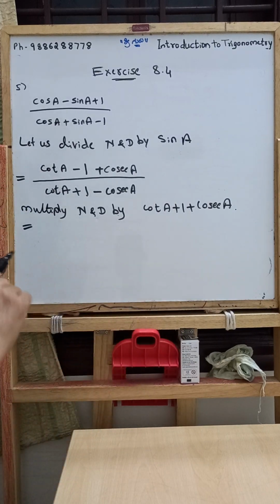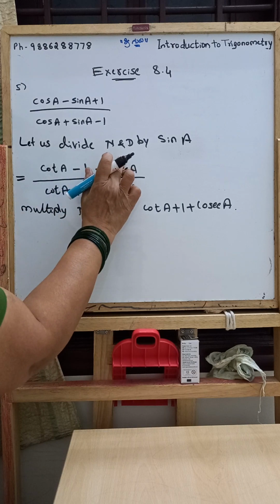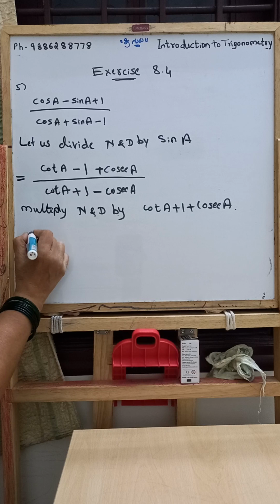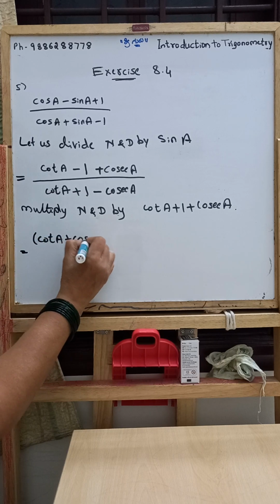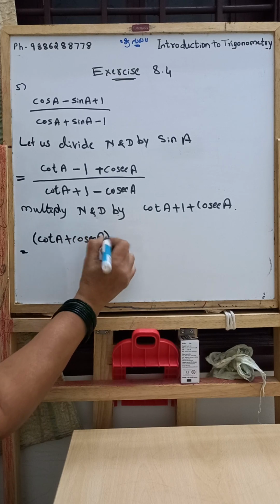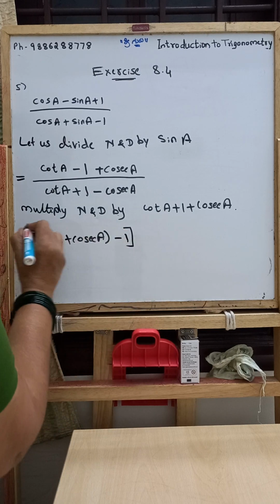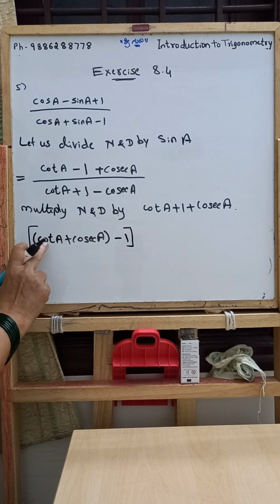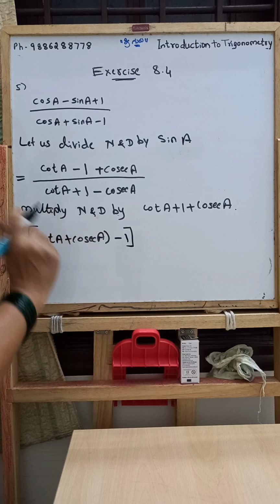Here we use the commutative law to simplify further. We notice that cot A plus cosec A, cot A plus cosec A. We will combine those two terms, cot A plus cosec A and minus 1. This expression is written as (cot A plus cosec A) in one bracket and minus 1 in another bracket.